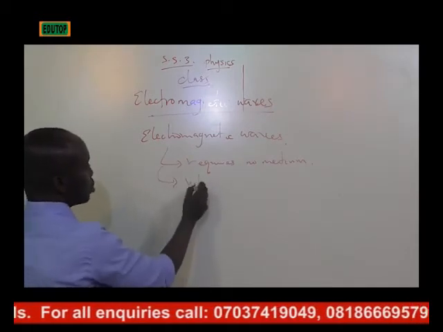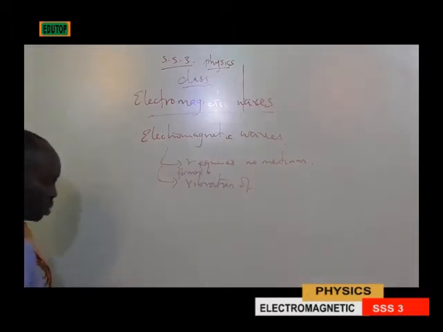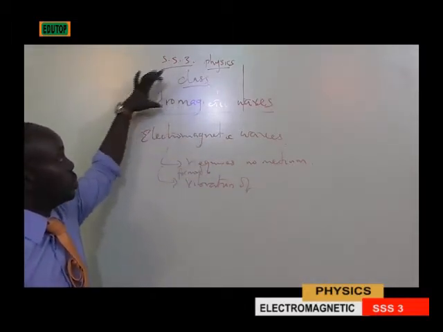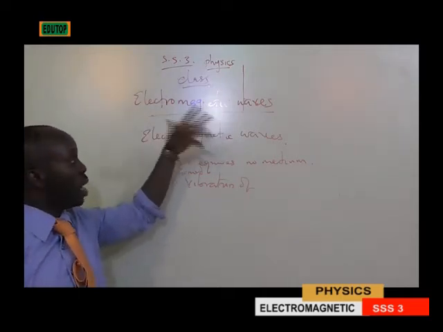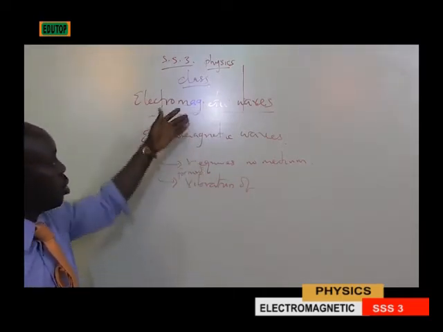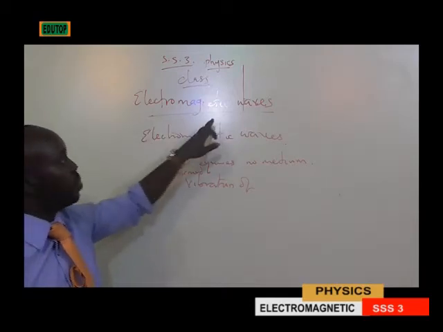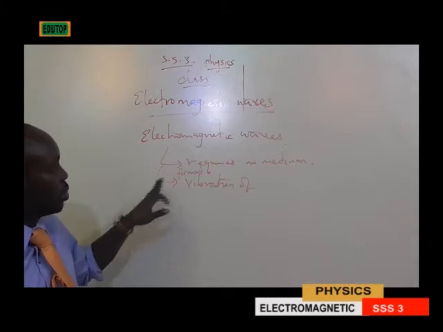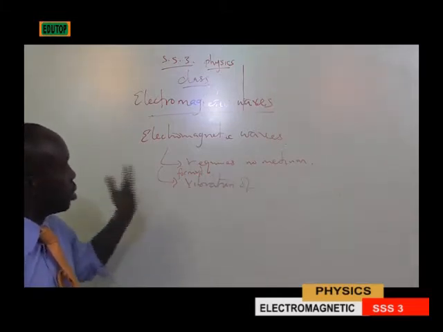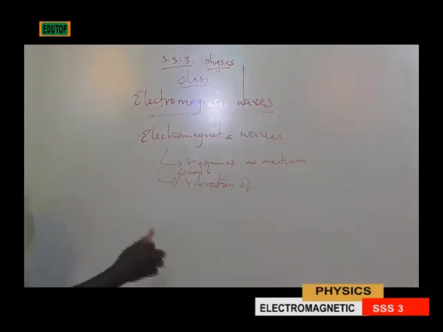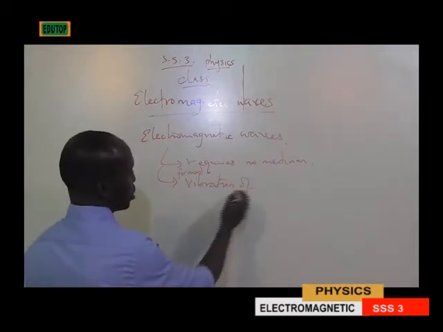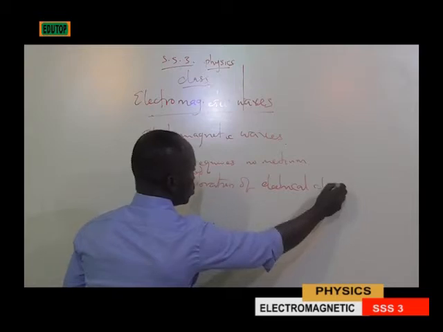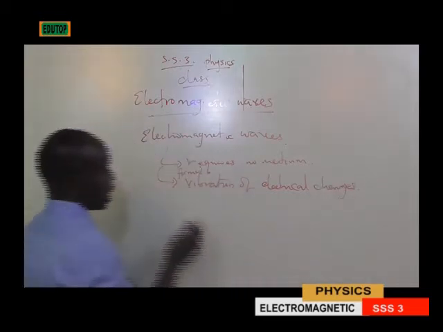If I'm your examiner or your tutor that took this course, and I give you a test or an assignment to write what electromagnetic waves entail, number one, you have to tell me that it requires no medium for waves to be transferred. Number two, it is formed based on the vibration of electrical charges from the source point.